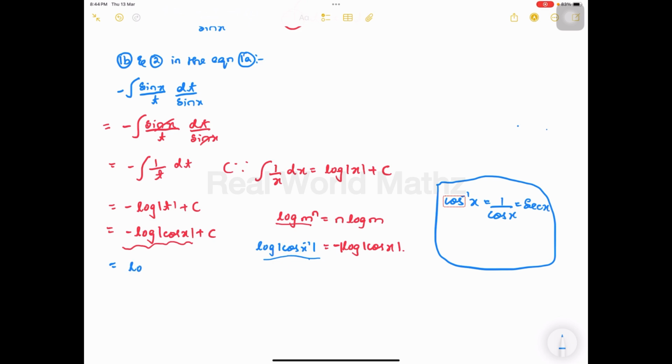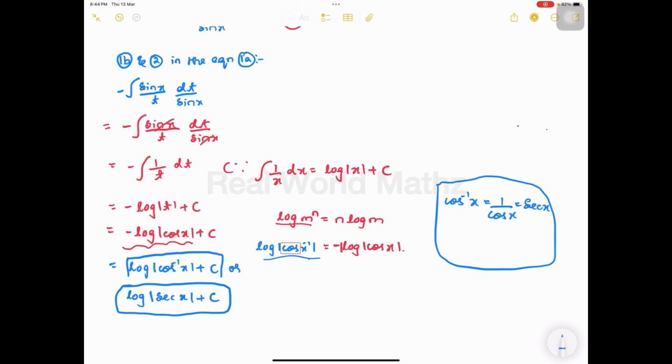This becomes log of mod cos inverse x plus c, or it can be written as log, since cos inverse is 1 by cos x, which is equal to sec x, log mod of sec x plus c. So therefore, we finally land up with our result for the integral of tan x dx.